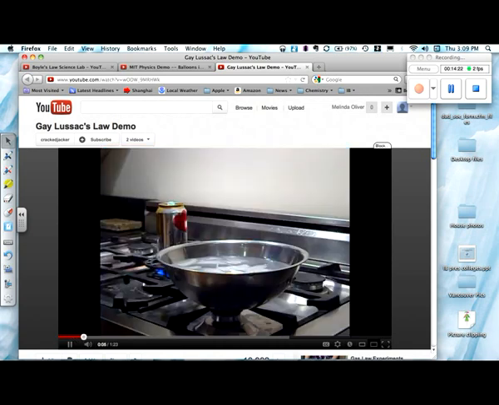This video is about a real-life application of Gay-Lussac's as well. As the law states, the pressure and temperature of a gas are directly related. As you can see here, I have a tin can filled with a small amount of water that I've brought to a boil. The pressure inside of the can is far greater than the pressure outside of the can. Pressure inside of the can is greater because some of the water being boiled has turned into water vapor, causing an increase in pressure.